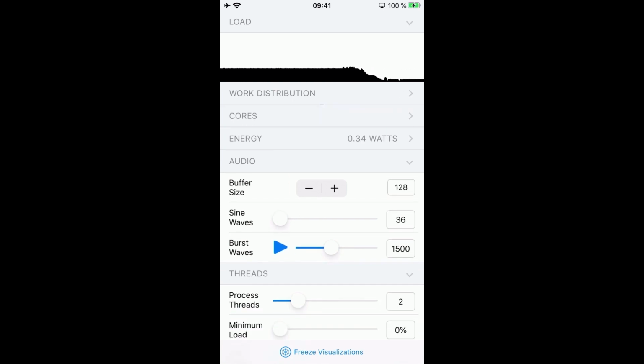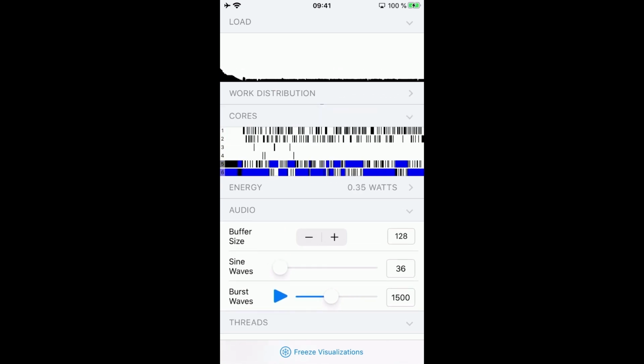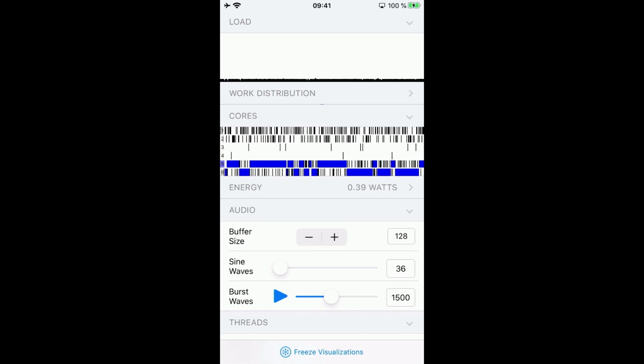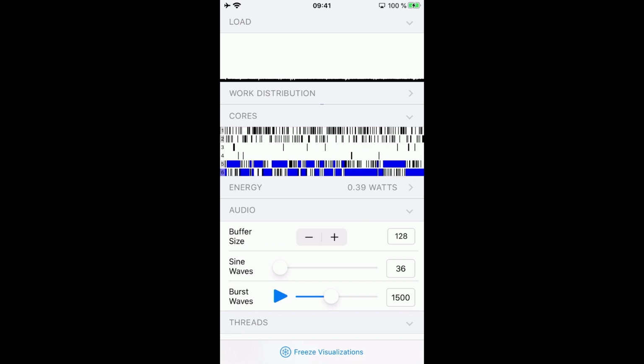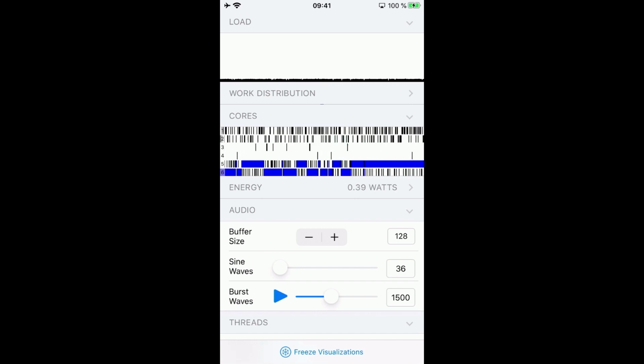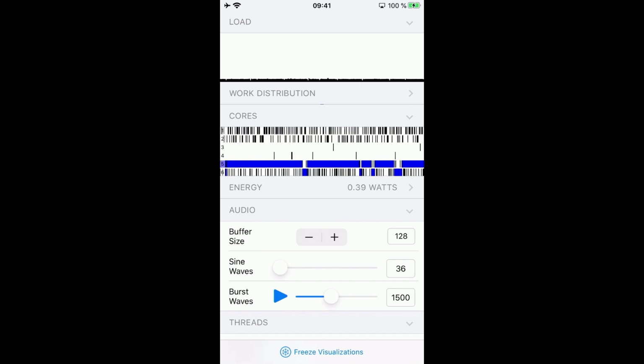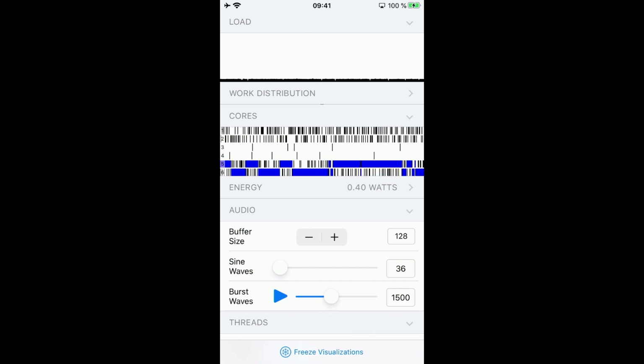There is cores. This is showing which core the audio threads are being scheduled onto. The first 4 rows are the efficiency cores. The last 2 are the performance cores. So right now, with a low load, you see that black, which is the core audio I/O thread, is switching between various efficiency cores, and the worker thread, which is blue, is mostly running on one of the performance cores.